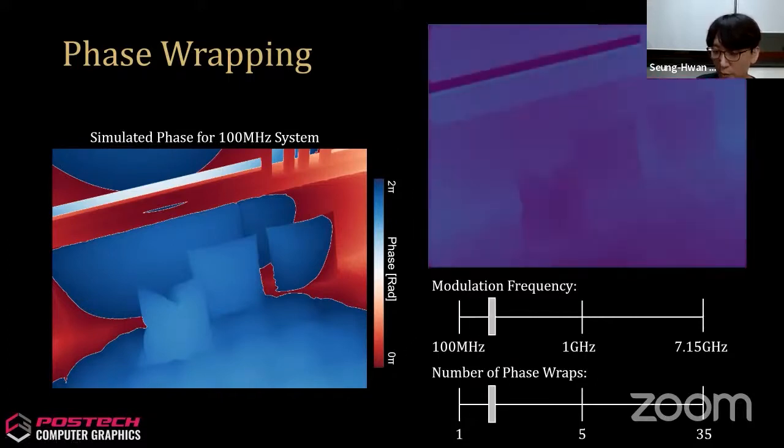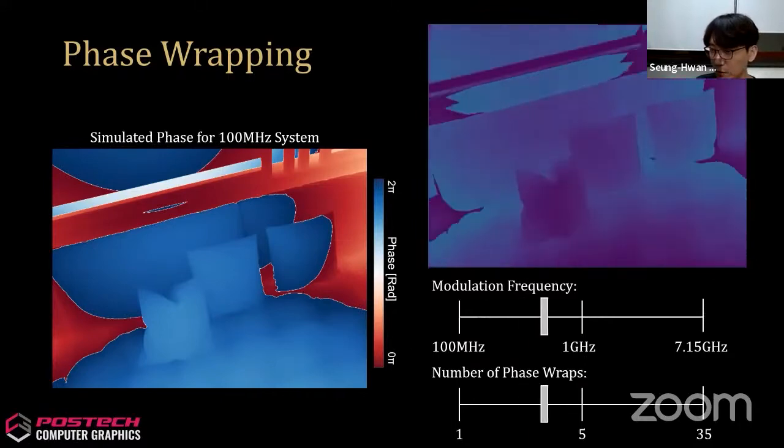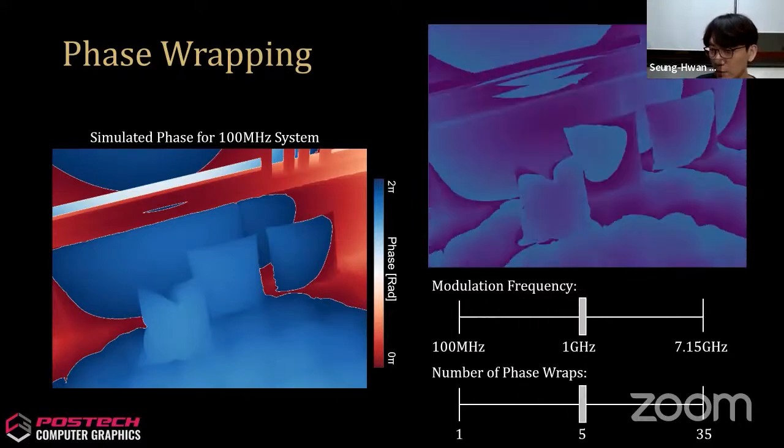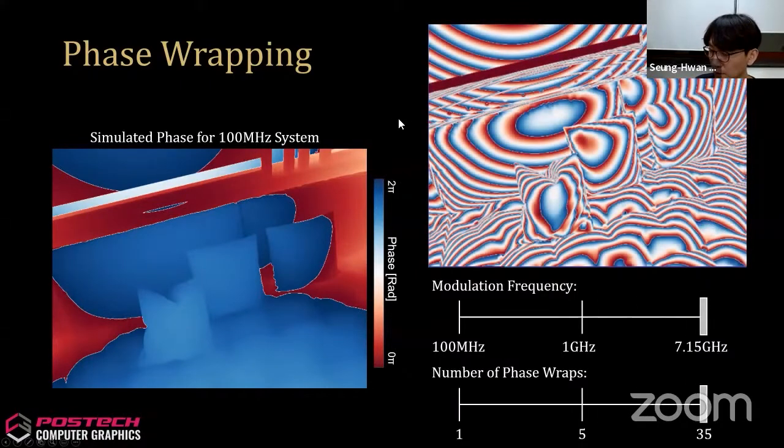For example, when we increase the modulation frequency to 1 gigahertz, as shown on the right, suddenly the number of phase wraps in this scene jumps to 5. When we use 7.15 gigahertz modulation frequency, which we used in our experimental prototype, the number of phase wraps suddenly jumps to 35. And unwrapping these measurements is not trivial anymore.